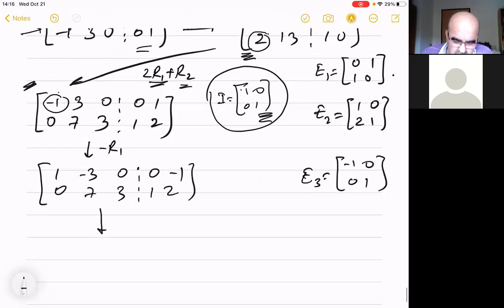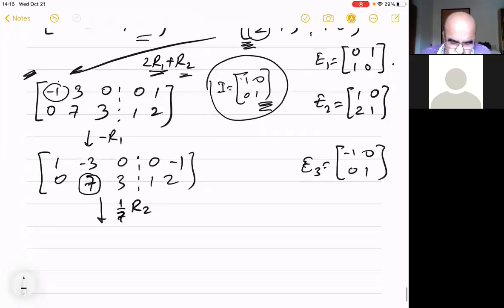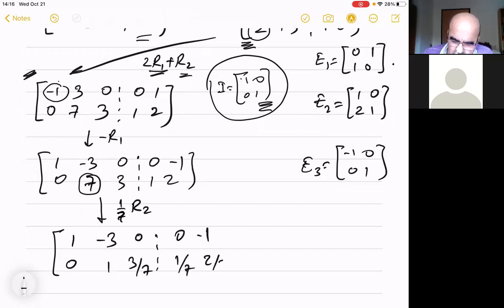Next, I want to make this entry 1. So 1/7 R2. If you multiply the second row by 1/7, we have 1, -3, 0, 0, -1, 0, 1, 3/7, 1/7, 2/7.